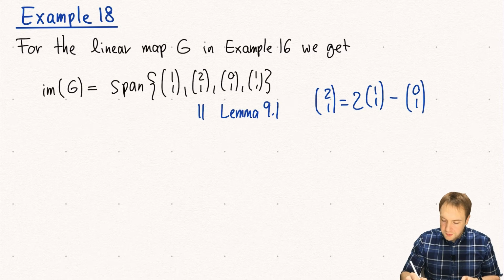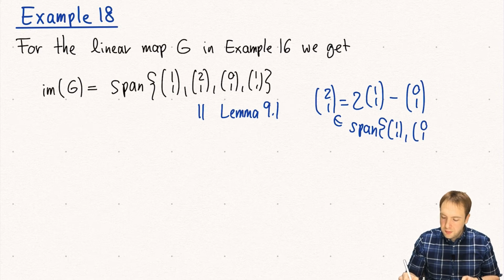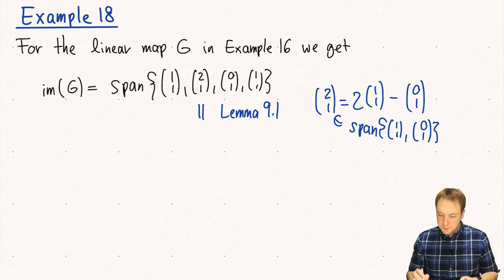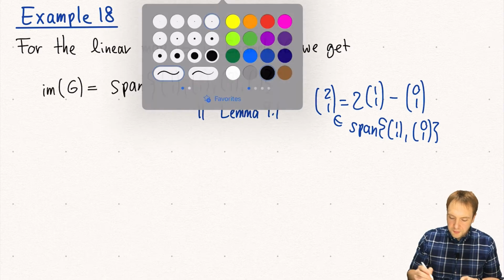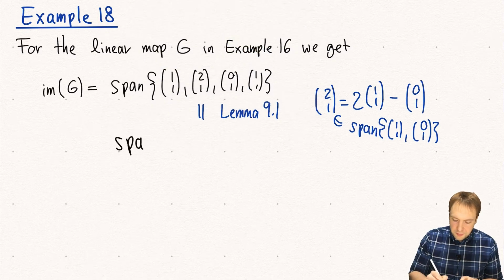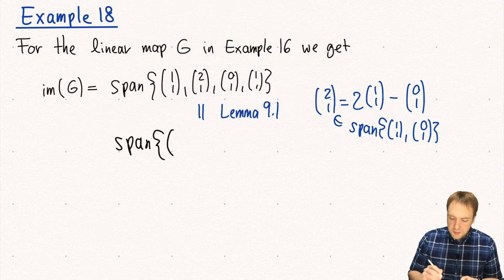So this means that this here is in the span of (1, 1) and (0, 1), because it can be written as a linear combination of these two. And therefore, by the lemma, we can also remove this here, and also this. So therefore, this span of these 4 vectors, by this lemma, is just the span of these 2 vectors.